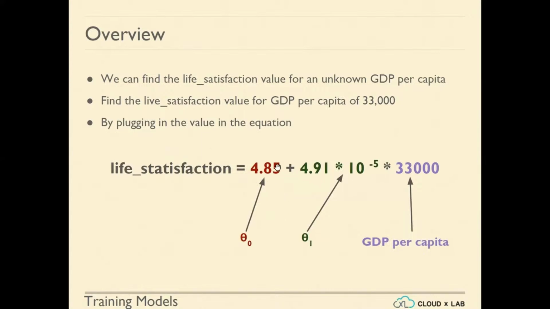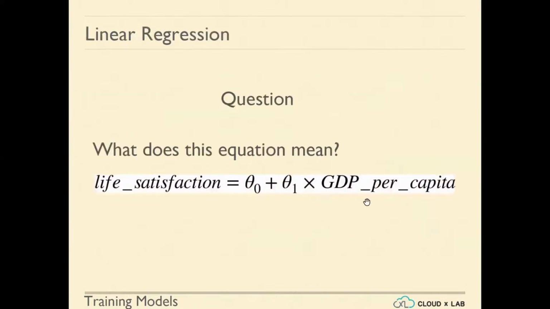We will use the optimal values of theta 0, theta 1, and simply plug in the value of input, and the model will give us the real valued output value, life satisfaction, right? So for example, for the given value of 33,000, if you plug in GDP per capita 33,000 and the optimal values of theta 0, theta 1 in this model, you can estimate the output value, life satisfaction, right?